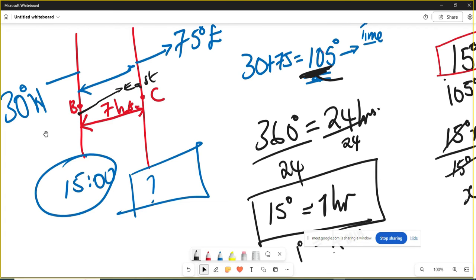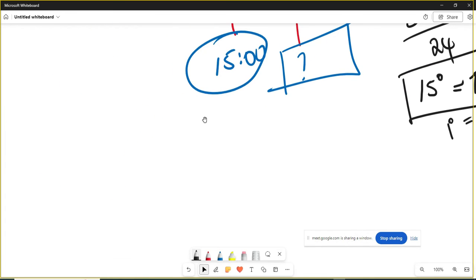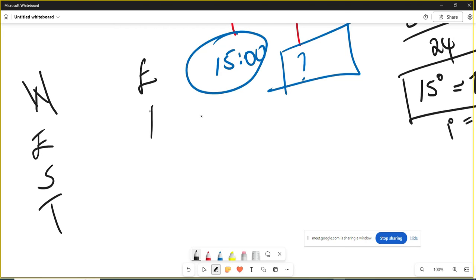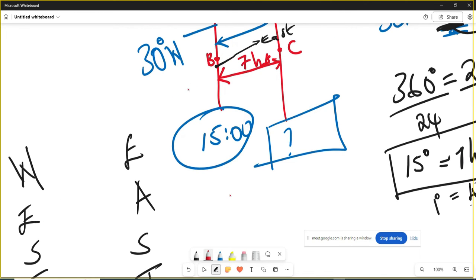Just in case you forget, I'll do this. We have the west, and then we have east. If you are at B, and we have another line here for A, moving from B toward the west, we subtract time, and moving toward the east, we add time.